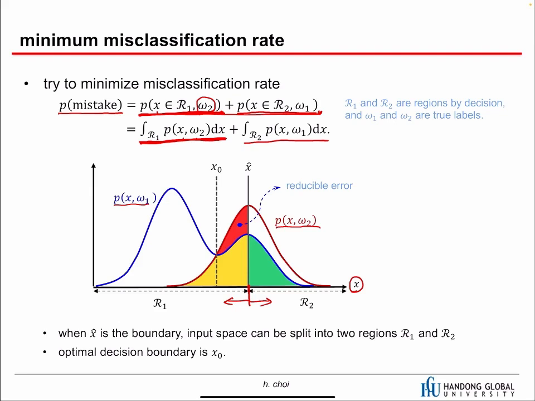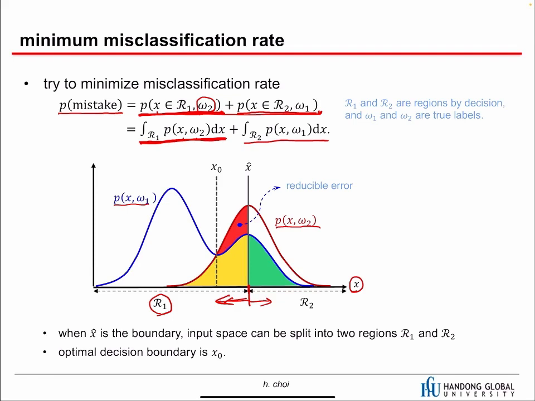Okay, when X is in R1, then if the true class is 1, it's okay, right? It's correct.